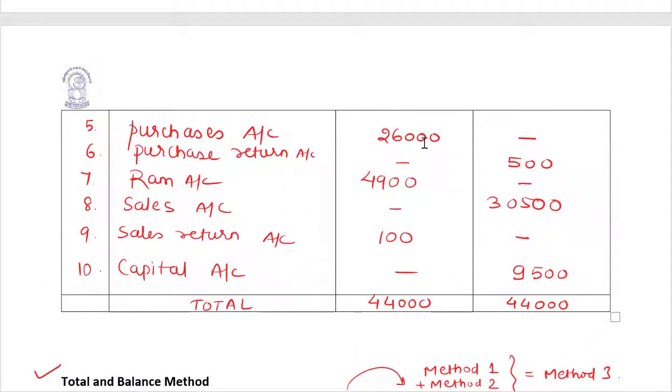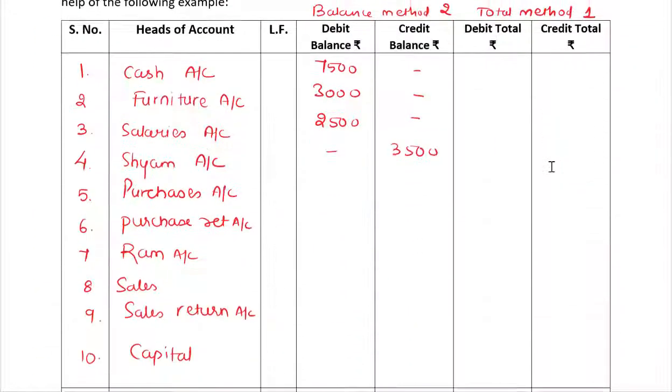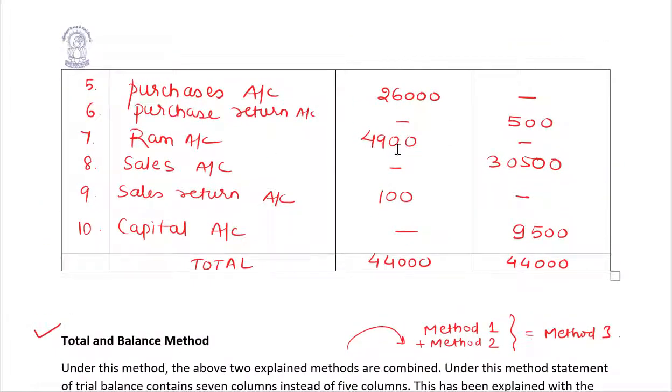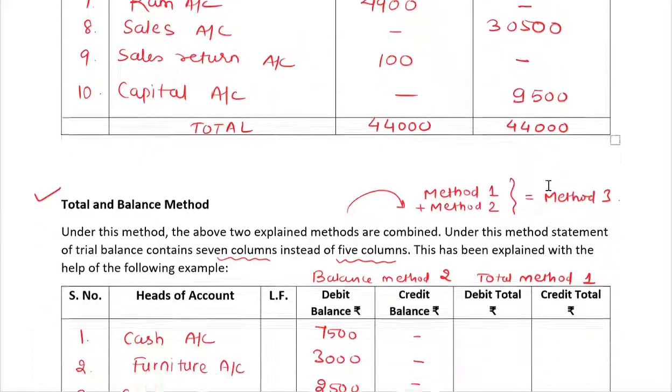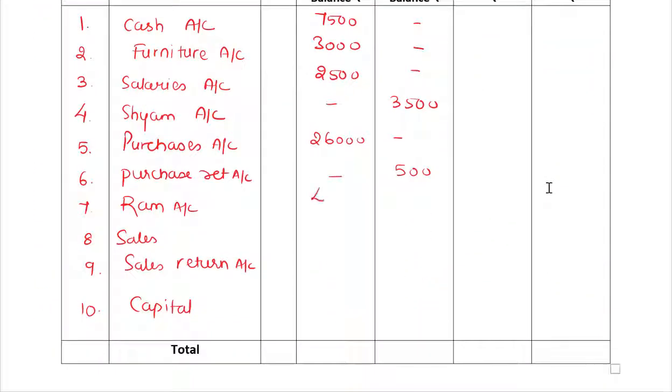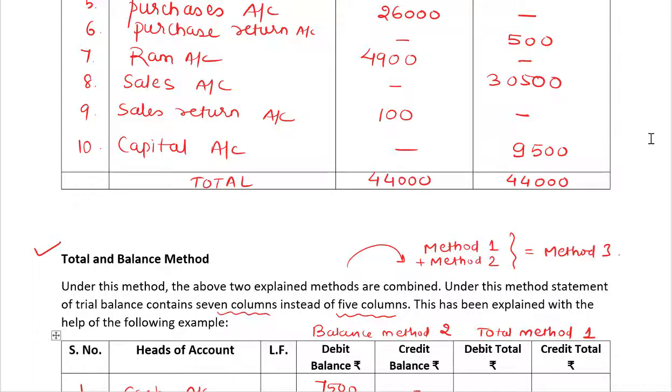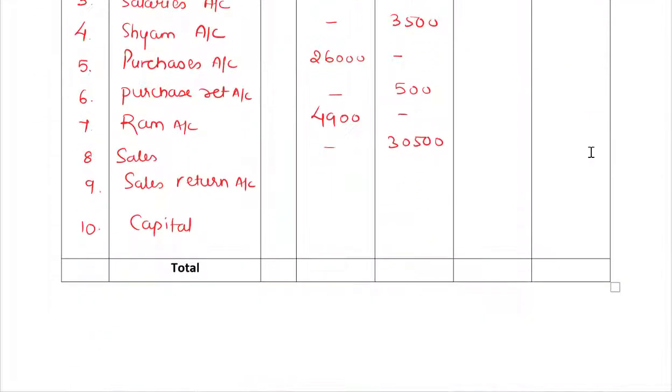Purchases 26,000, purchases return 500. Then we have Ram account 4,900, sales 30,500. Sales return we have 100 and capital 9,500.